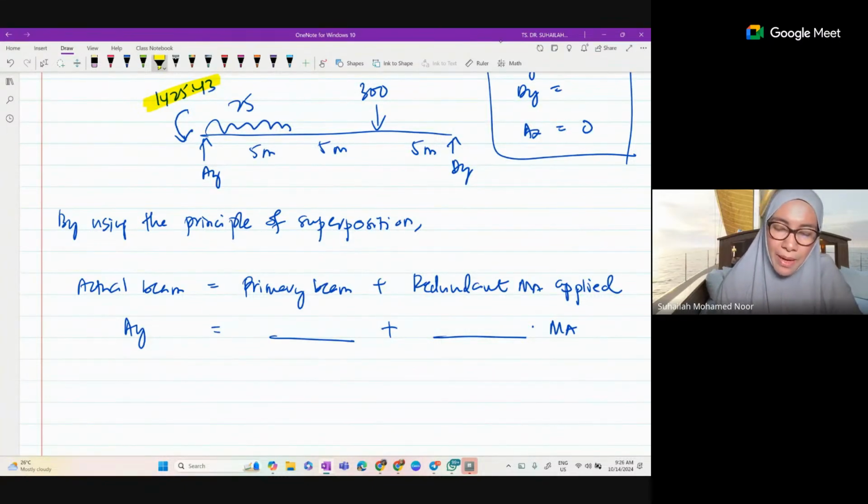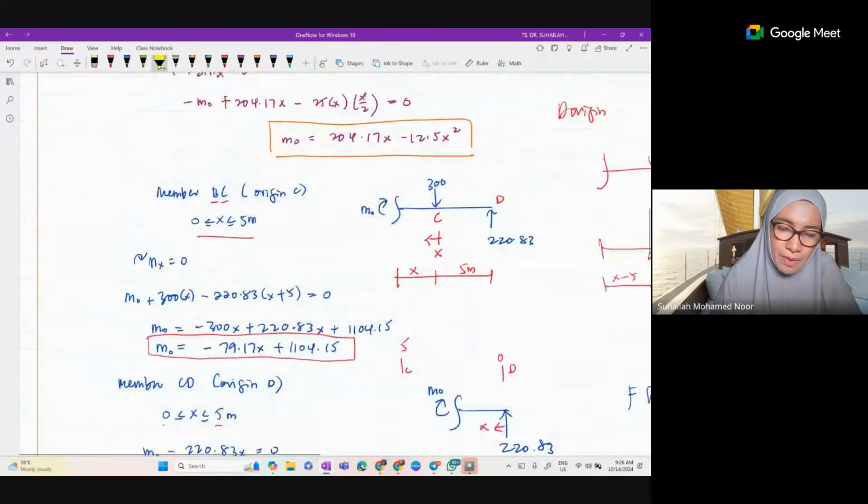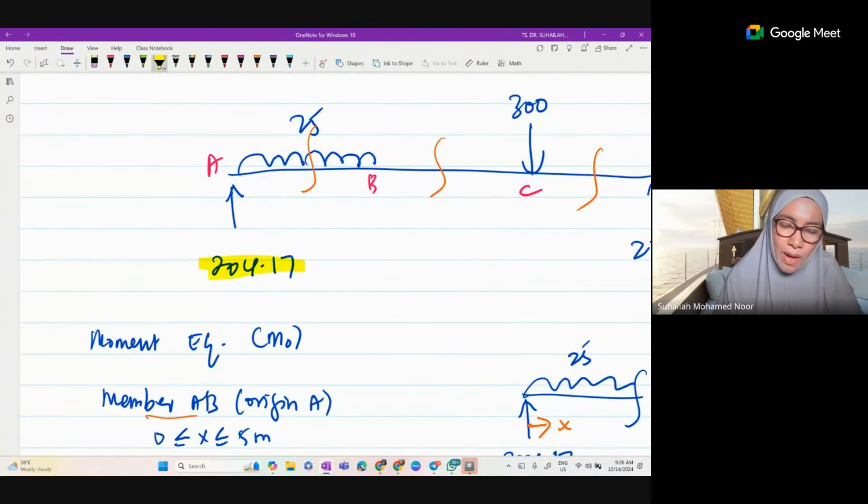Okay, so in primary beam kita tengok the value tadi tu yang kita calculate tadi, 204.17. 204.17 is AY in primary beam.